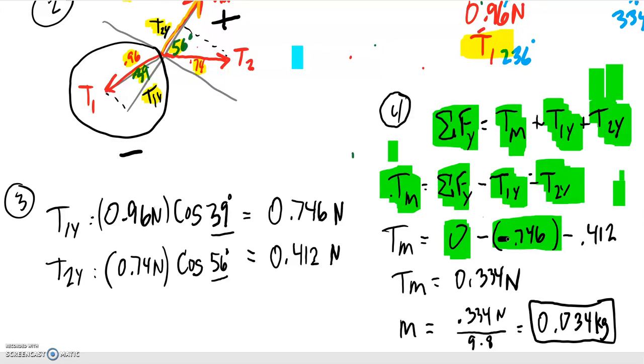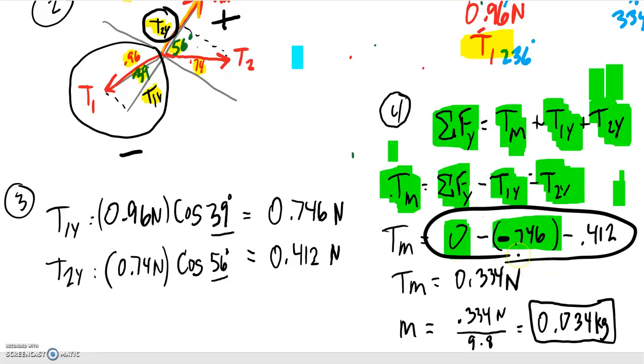And that's important. And then subtracting the y component of T2, that's on the plus side up there. So that's just subtracting a positive. And the result of this summation, which is really subtraction, is this right there. 0.334 newtons.